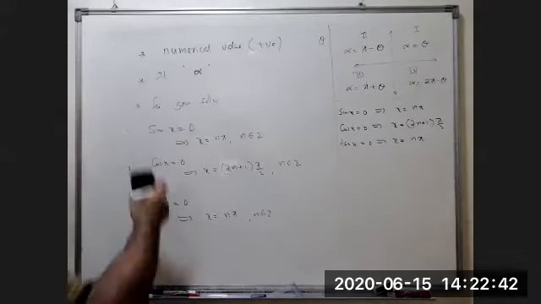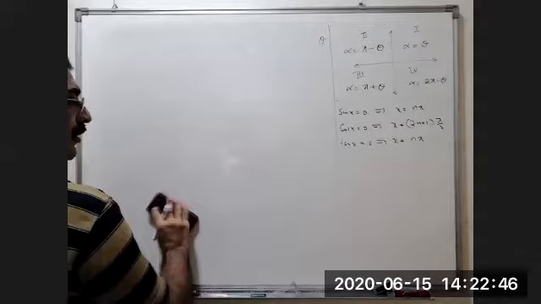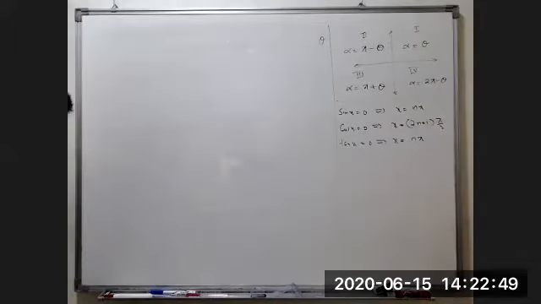Then another 3. This is if it is 0, but it cannot always be 0.